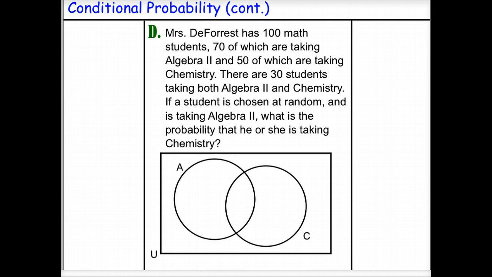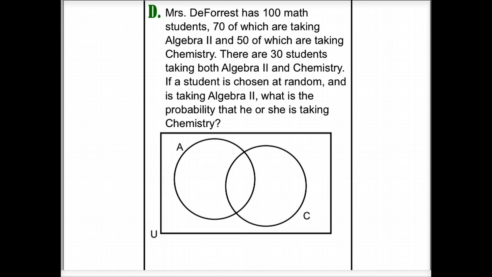All right, to start off, it says that we have 100 math students. That means the total in the box has to be 100. It says 30 students are taking both Algebra 2 and chemistry, and 70 are taking Algebra 2, so if 30 of those 70 are taking Algebra 2 and chemistry, that means that 40 are taking Algebra 2 but not chemistry.